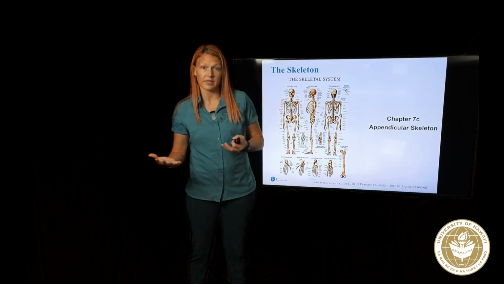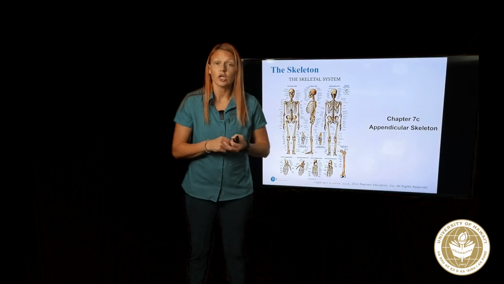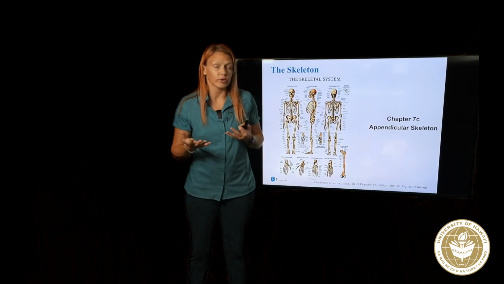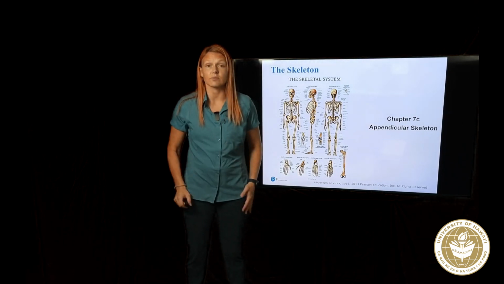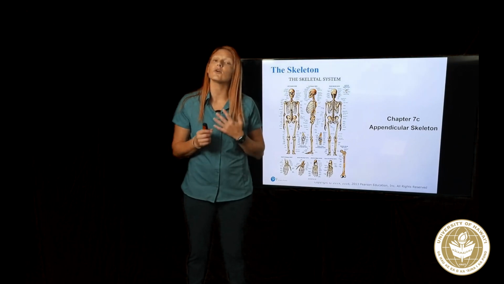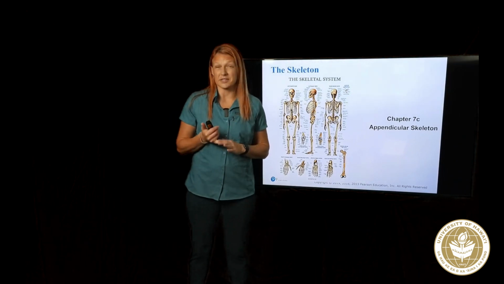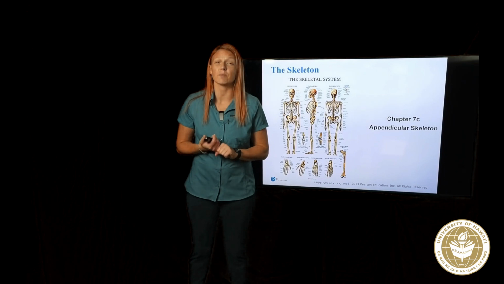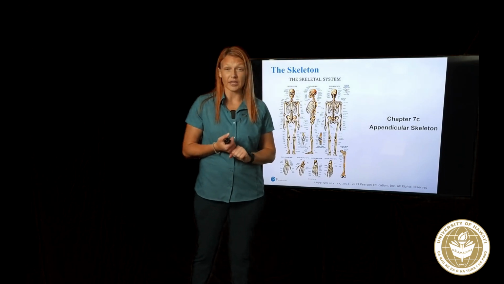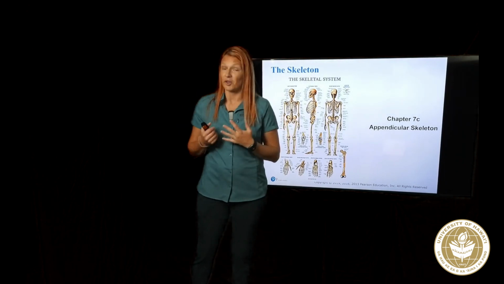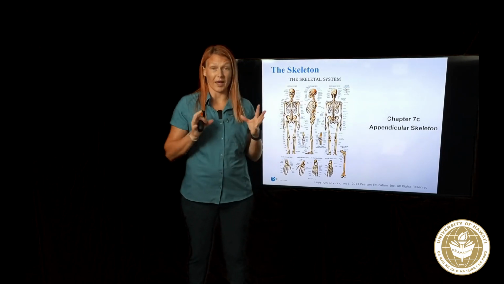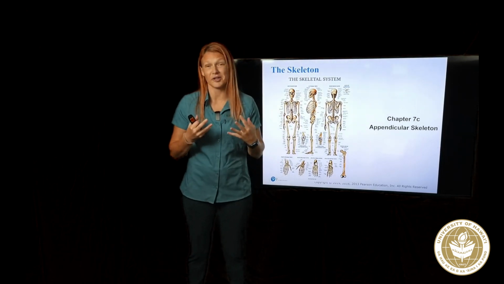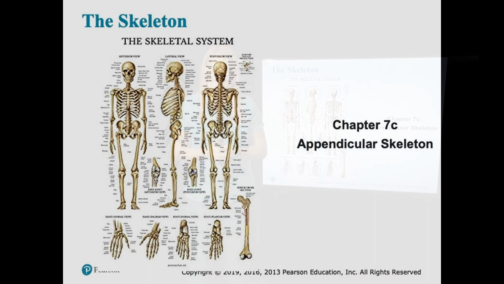You couldn't hold somebody's hand, give somebody a hug. You wouldn't be able to run or do any type of exercise movements, in terms of not having your legs. So I want you to realize that even though the axial skeleton is really important and we spent 2 lectures talking about it, the appendicular skeleton is really important as well. We need both of them together to make that whole puzzle, right, with all 206 bones in it.